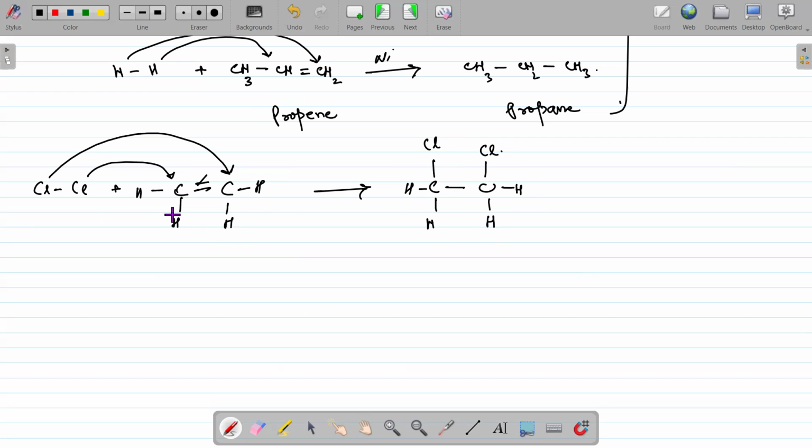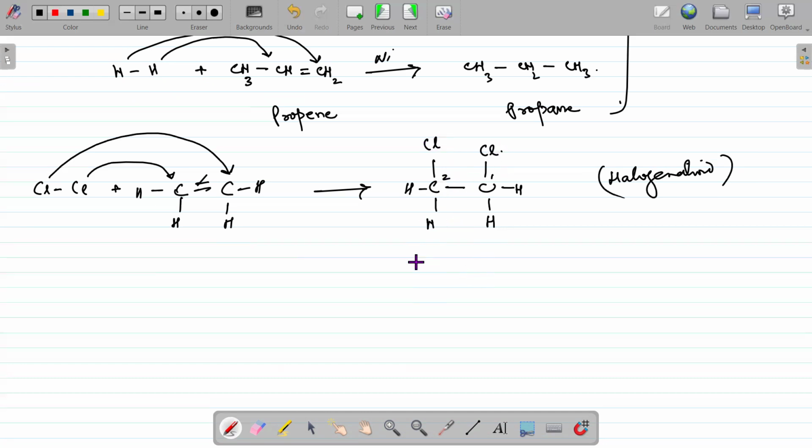So we call these types of reactions halogenation. Why? The addition of halogens, or the group 7 elements like chlorine, like bromine, like iodine. So here carbon 1 and carbon 2 have chlorine atoms on them.